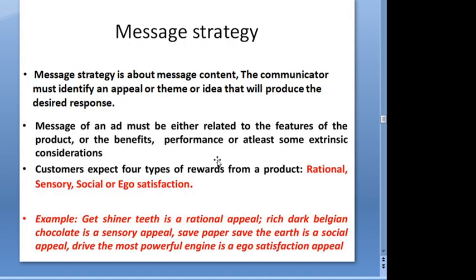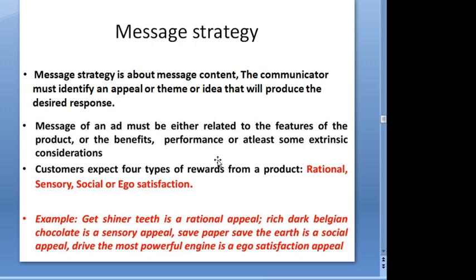Message strategy is about message content. The communicator must identify an appeal or theme or idea that will produce the desired response. So it's your role here to decide which appeal, theme or idea you will use to get the response that you want.